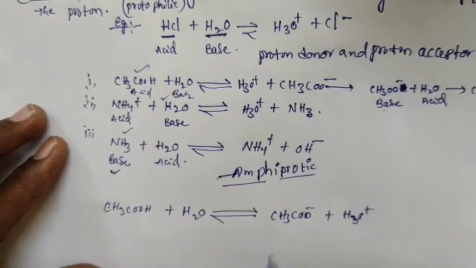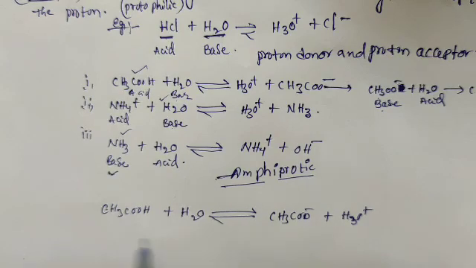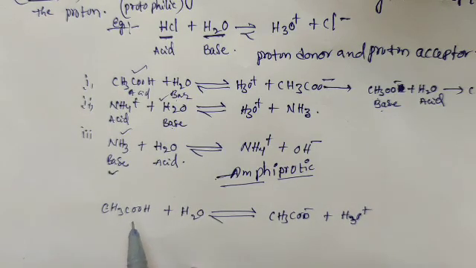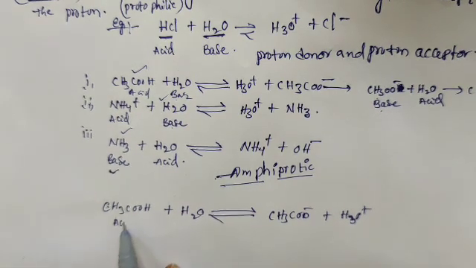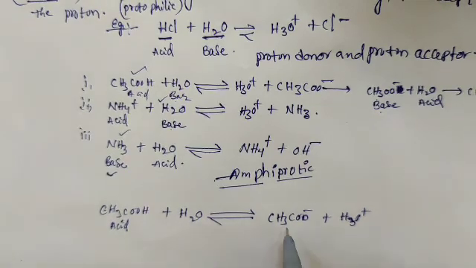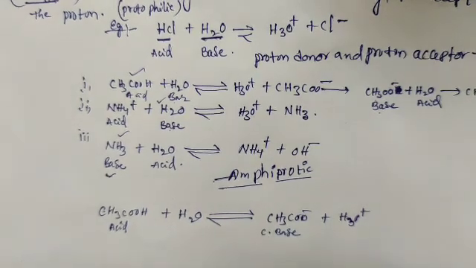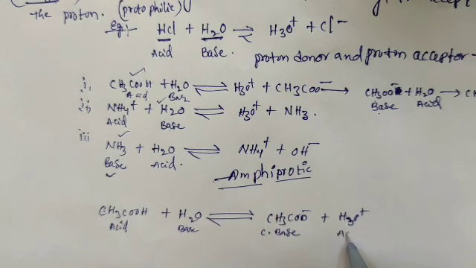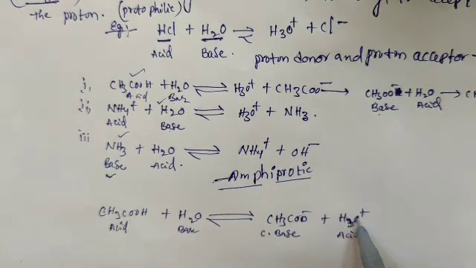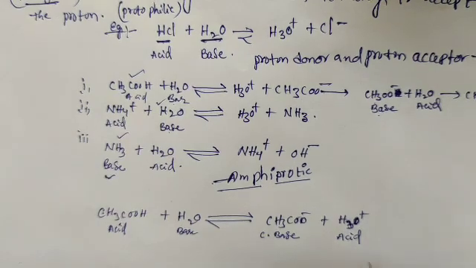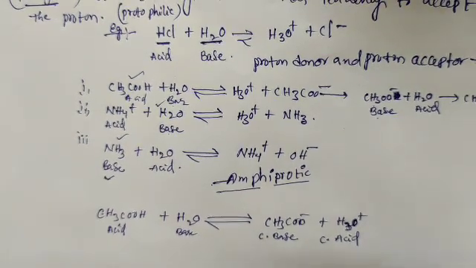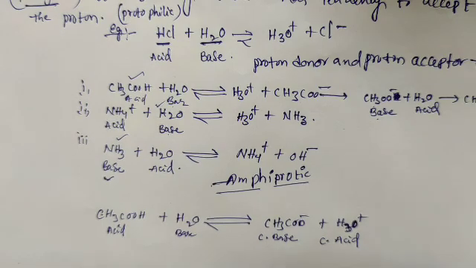In this equation, the acid losing a proton changes into a base, that is the conjugate base, while the base by accepting a proton changes into an acid, because it has the capability to release H plus ion. That is called the conjugate acid.